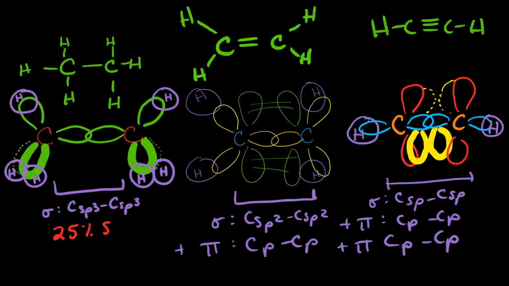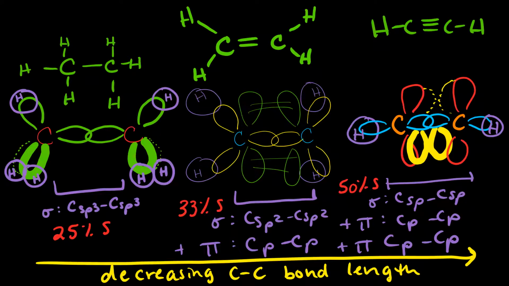And also recall that as you increase the %s character, going from sp3 to sp2 to sp, the higher %s character means that the electrons are going to be pulled in a little tighter to the 2 carbon nuclei, and therefore there's going to be a contraction in the carbon-carbon bond length.